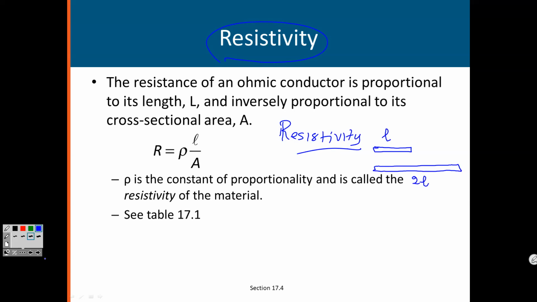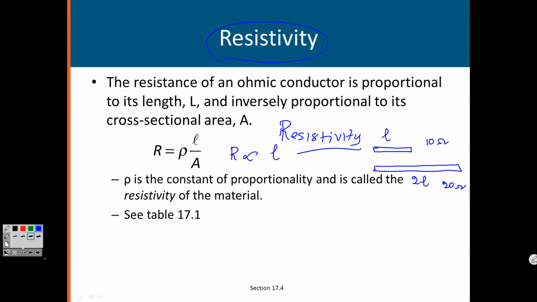I measure the resistance of the short wire. Let's say I get 10 ohms. When I double the length, I get 20 ohms. This is an experimental fact. So I say the resistance, for a given material, copper wire, is proportional to the length. I don't change the material, same copper.